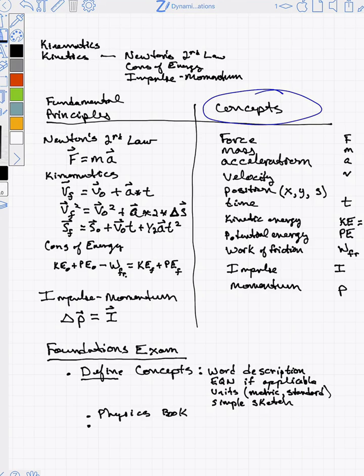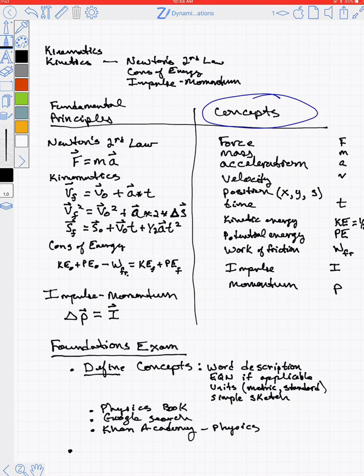The second would be a Google search. Wikipedia would be a good place to pick up this little bit of information that we ask for with defines. If you want some instruction in this, then I recommend Khan Academy in their physics section. All right.